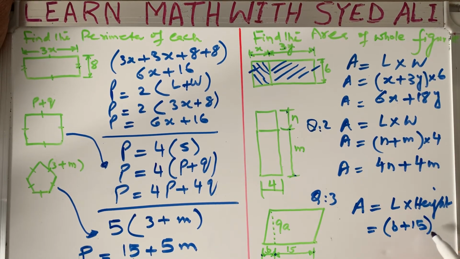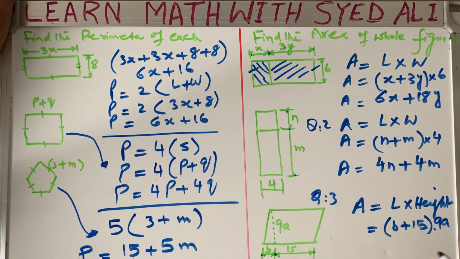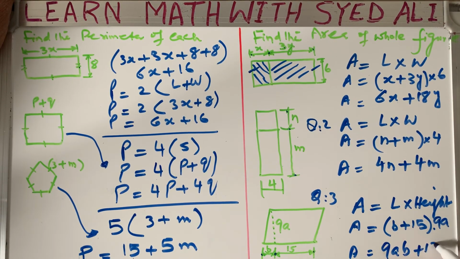The height, or the altitude, is 9a. So times 9a. If I put a dot, it is a multiplication sign, or we can put a cross for multiplication. But sometimes it gets confused with x, so we don't put anything in between. Now we have to open it. This will be 9ab plus 15 times 9, which is 135a. So this is my answer.